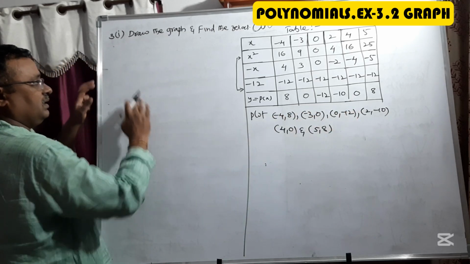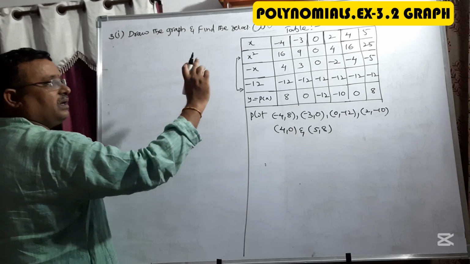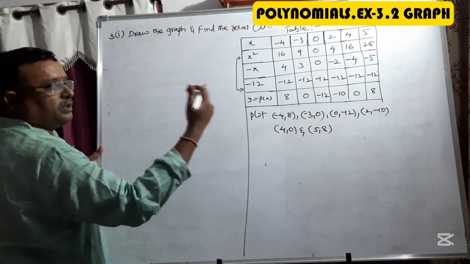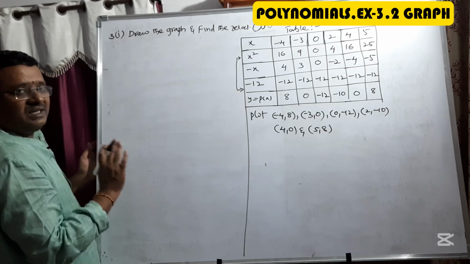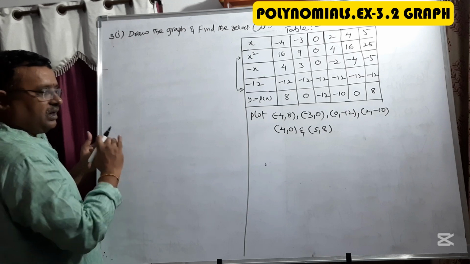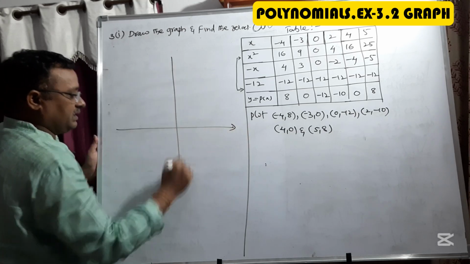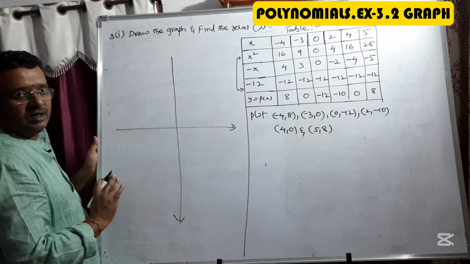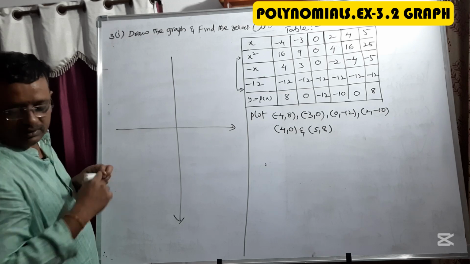That's why, if it is the graph sheet, according to the variable values and polynomial values, you have to consider the x-axis and y-axis. It is not compulsory to draw the x-axis in the middle of the page and the y-axis in the middle of the page, like that. It is not mandatory. It depends upon x values and y values.